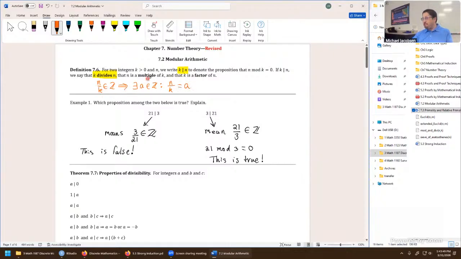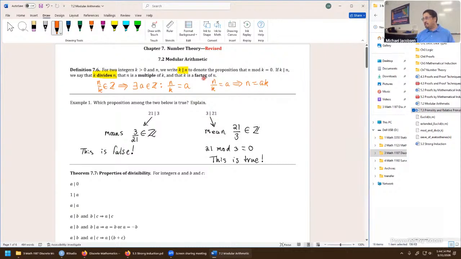And then we get the multiple statement if we multiply by k, including the denominator, it would mean n equals a times k. And this is where this statement is coming from.